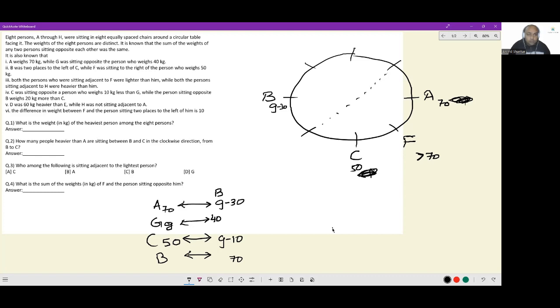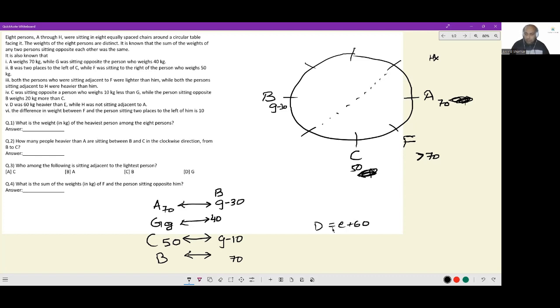D was 60 kg heavier than E, while H was not sitting adjacent to A. So H cannot be here. The difference in weight between F and the person sitting two places to the left of him is 10.